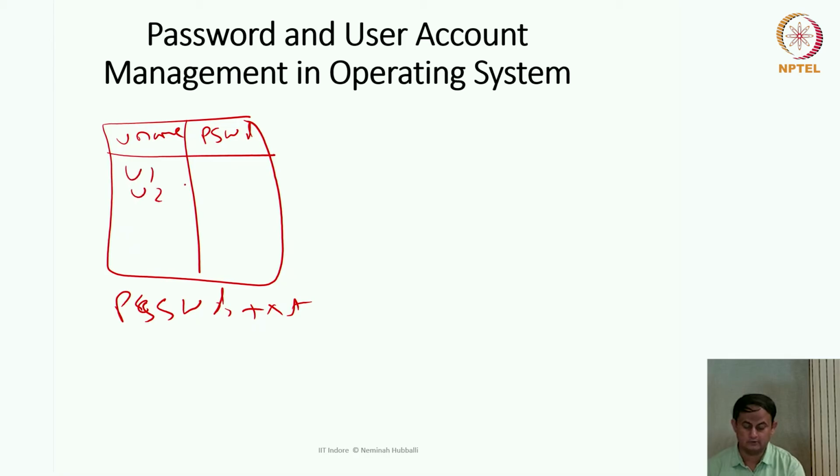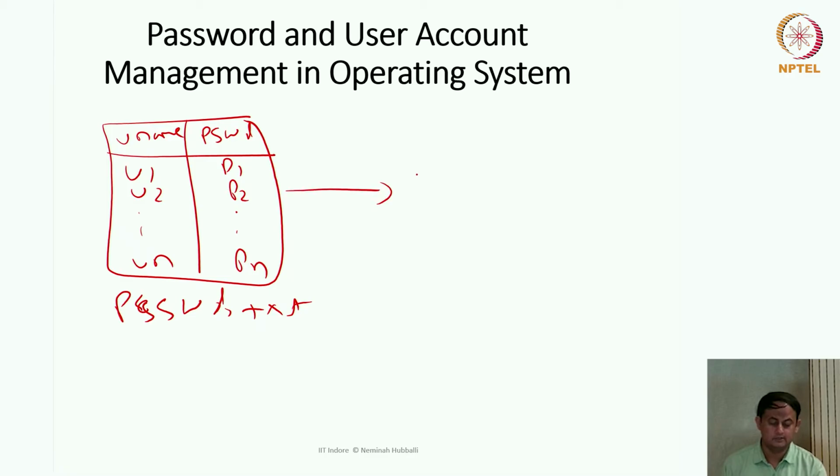As usual, I have n number of users and their corresponding passwords. Since I don't want multiple users to read this file and know their passwords, I can probably pass this to an encryption algorithm. That encryption algorithm can take some key.